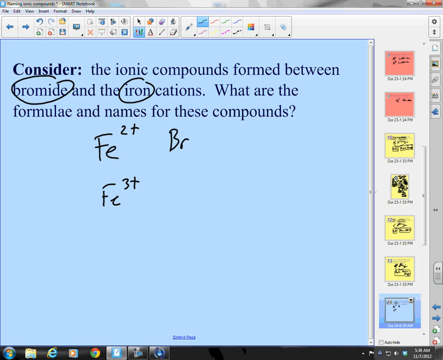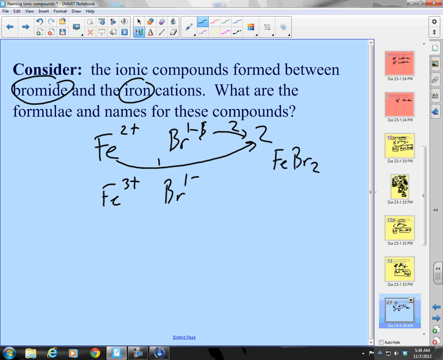Bromine is going to be a 1 minus. What's my least common multiple in the first case? 2. How many irons do I have here? I have 1 iron. How many bromines do I have? 2. So this would be FeBr2.